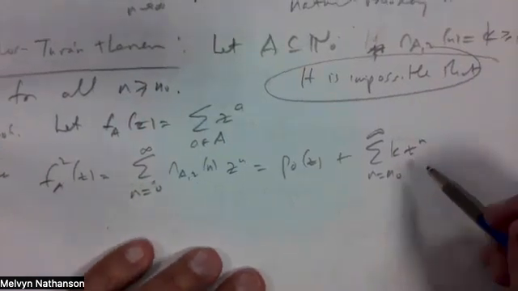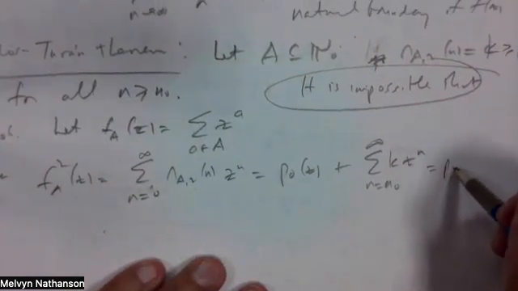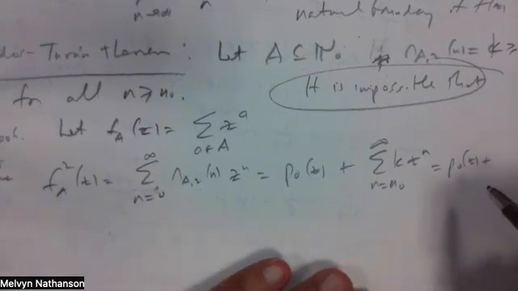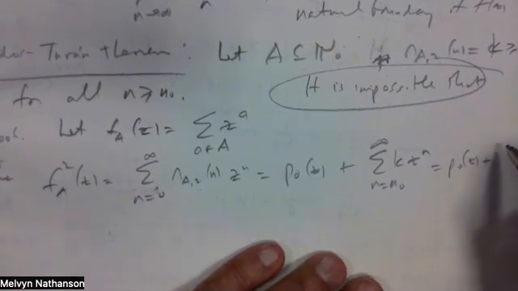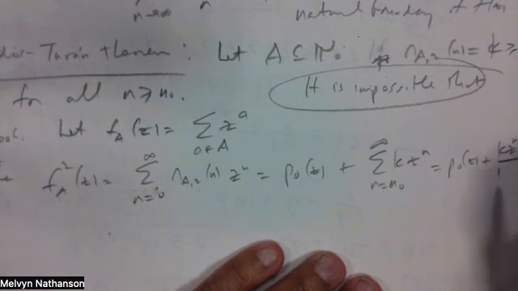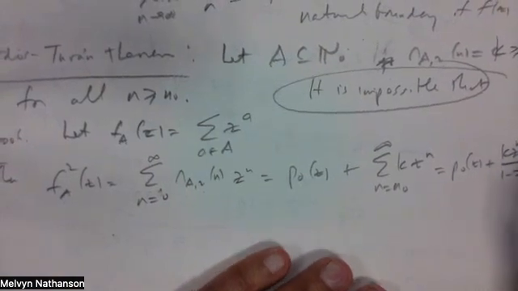So this is equal to this polynomial P0 of z plus k z to the n naught over 1 minus z.